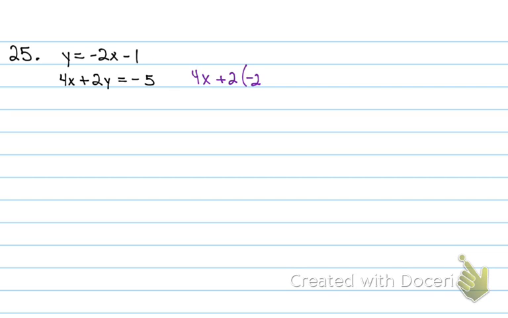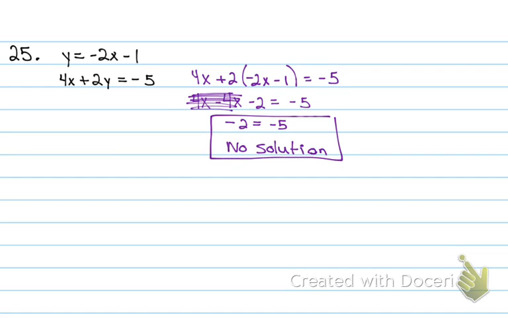So 4x plus 2 times -2x minus 1 equals -5. Distribute, and what happens when you do 4x minus 4x? Completely cancels, and you end up with -2 equals -5, which is not true. So it's no solution. If what's left is the same number, negative 2 equals negative 2, then it's infinite solutions.